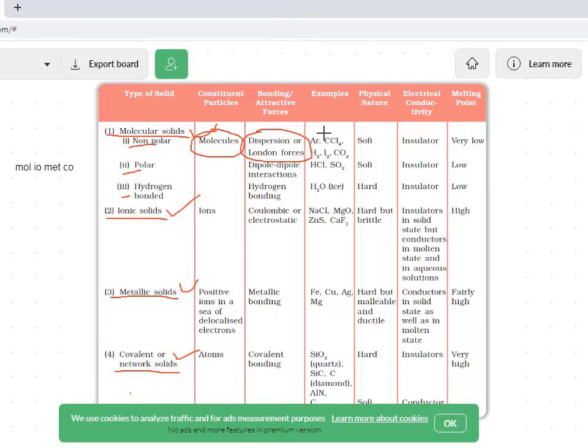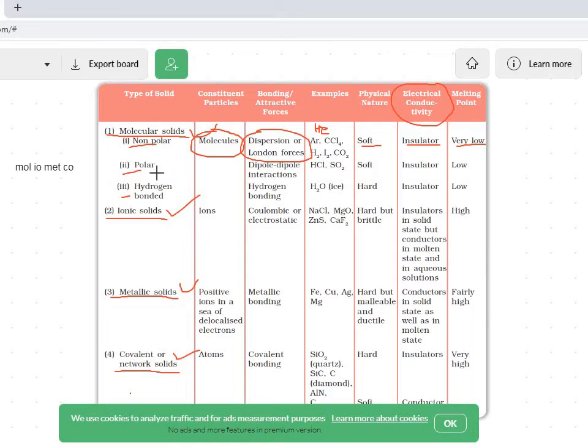You may also add helium. Then carbon tetrachloride, H2, I2, CO2. All these are covalently bonded. Please note they are soft insulators, that means they are non-conductors of electricity. We are talking about the electrical conductivity right now. And melting point is very low because of the weak attraction forces acting between the constituent particles.